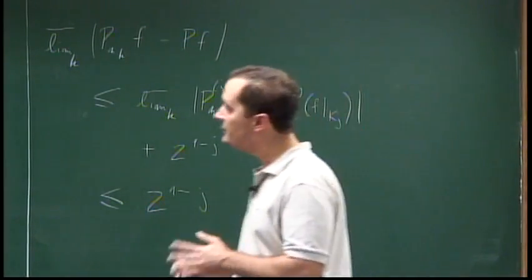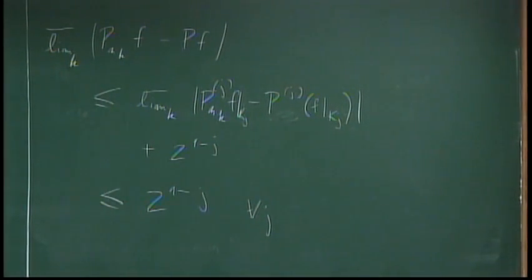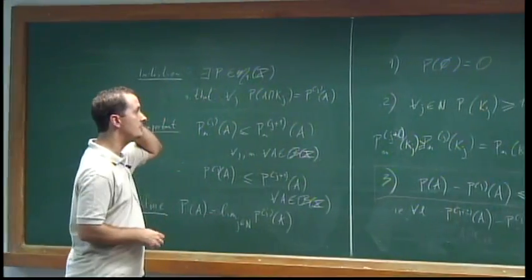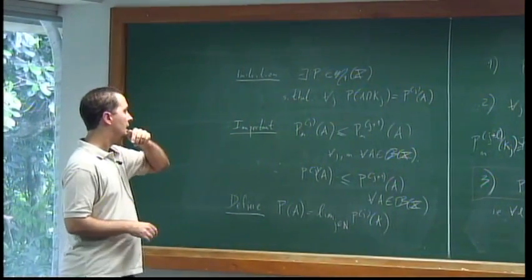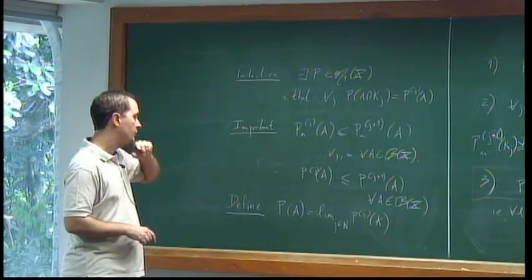Okay, but let me argue that there are some parts of this proof that still work. What I want to do now is go back to that part of the proof that I didn't do because I hadn't introduced the topology on the space of measures, and try to show you a way around this.